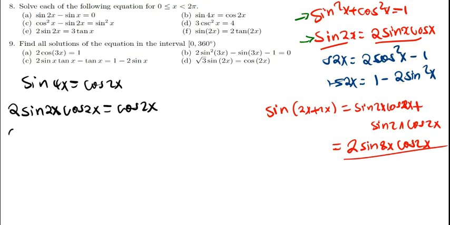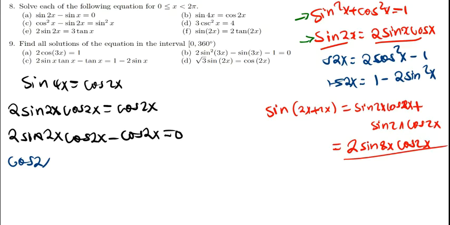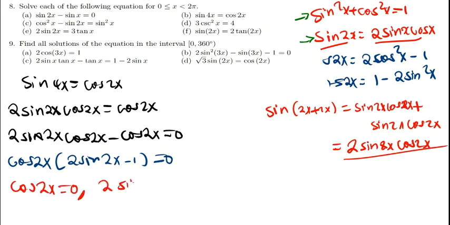So it will be 2 sin 2x cos 2x minus cos 2x is equal to now 0. I can factor out cos 2x. If I do that, I'll remain with 2 sin 2x minus 1 is equal to 0. That would mean to say I have cos 2x is equal to 0, comma, 2 sin 2x minus 1 is equal to 0.